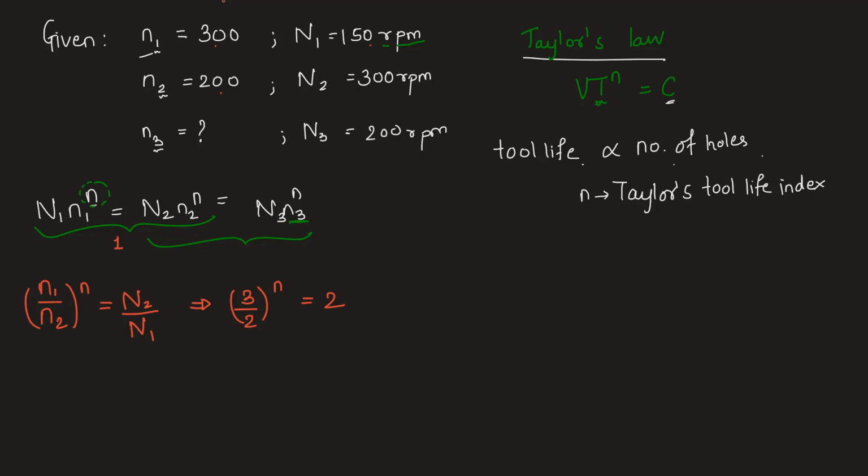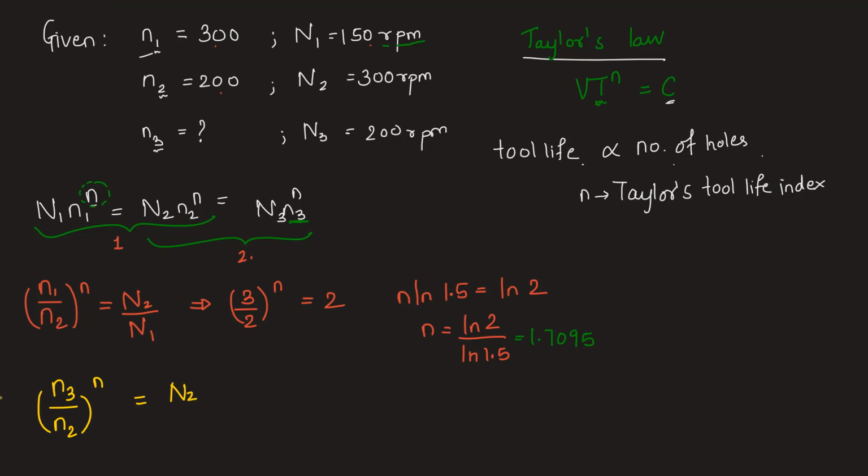Taking natural log on both sides, n ln of 1.5 equals ln of 2. So n equals natural log of 2 upon natural log of 1.5. We get the Taylor's tool life index to be 1.7095.